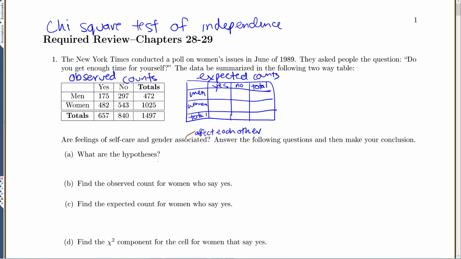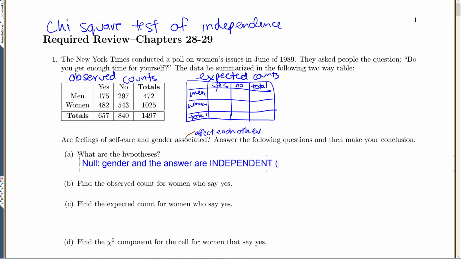So what are the hypotheses? Our null hypothesis is always that gender and the answer are independent, meaning they do not affect each other.